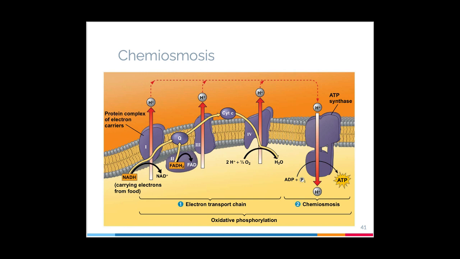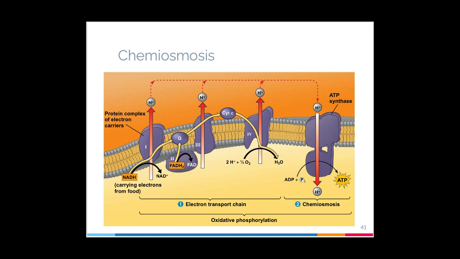All right. So, to recap, oxidative phosphorylation summarizes two processes. It's the electron transport chain, where electrons are stripped of their energy, and that energy is used to push protons against their electrochemical gradient.